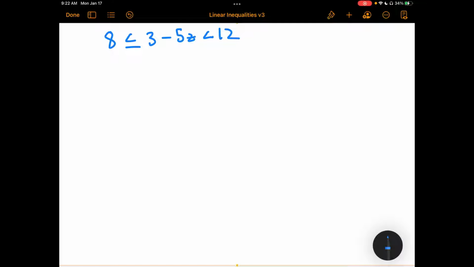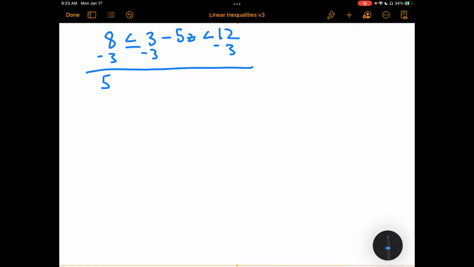So the first step is, let's subtract 3 from all sides of the equation. So we're going to do minus 3 here, minus 3, and minus 3. So that's our first step to get z by itself in the middle. So we know 8 minus 3 is going to give us 5. We're going to keep our inequality the same because we did not multiply or divide by a negative number.